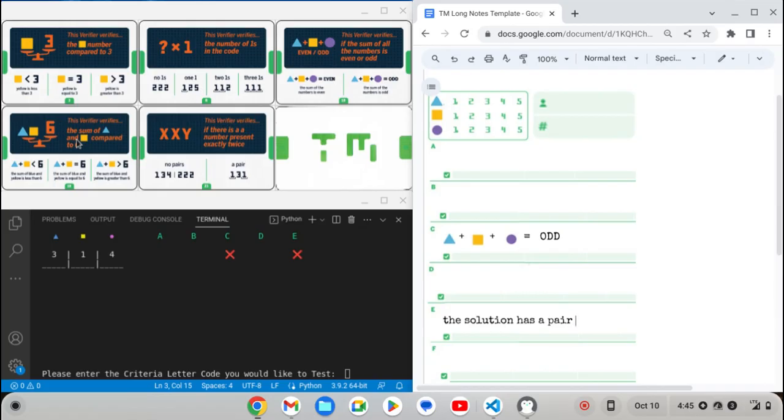I kind of like criteria card B, because if I do have a single 1, then that means the other 2 digits are either 2 3s or 2 5s. So that's a possibility. And if there is no 1, then you'd have either a pair of 3s or a pair of 5s, and then the other digit 3 or 5. So that would be helpful too. I see a pro and con in that regard.